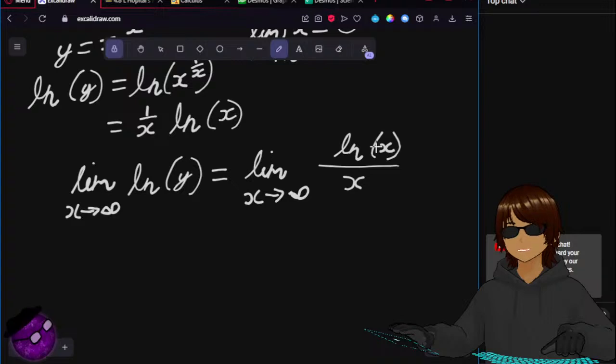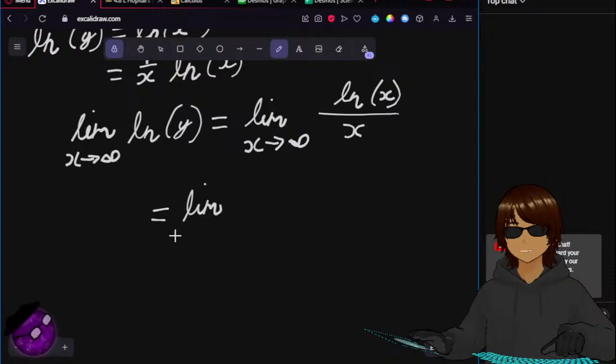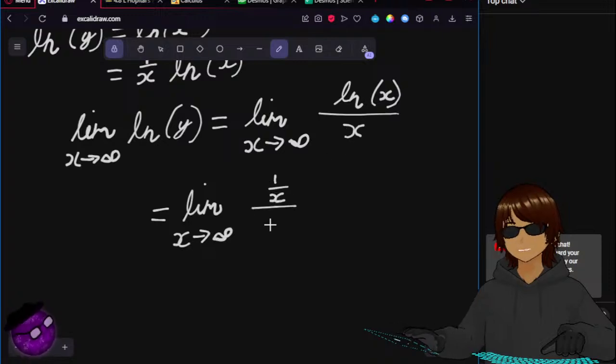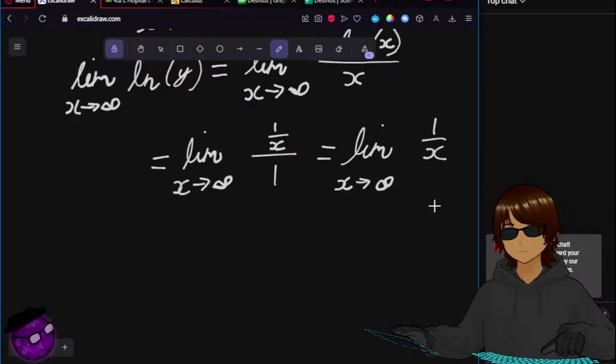We have an infinity over infinity form, right? So we can just take the derivative. The derivative of ln of x is 1 over x. The derivative of x is 1. So we get 1 over x.